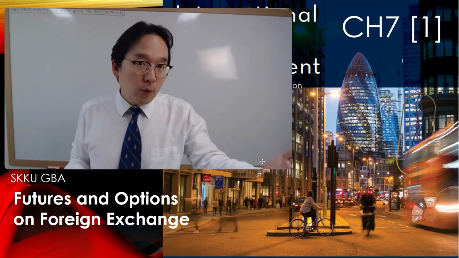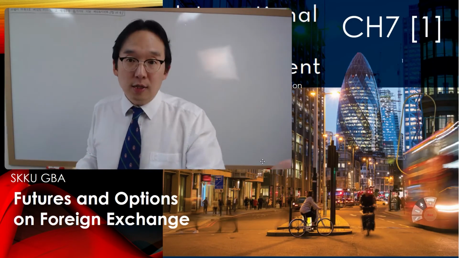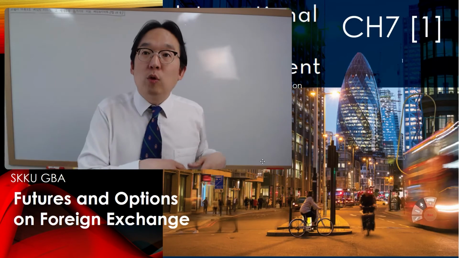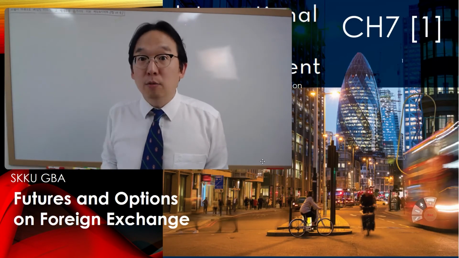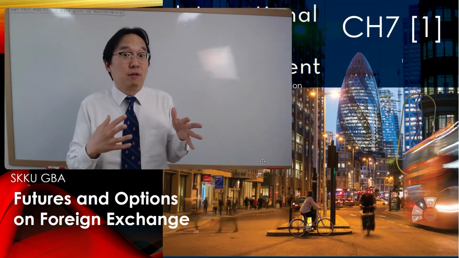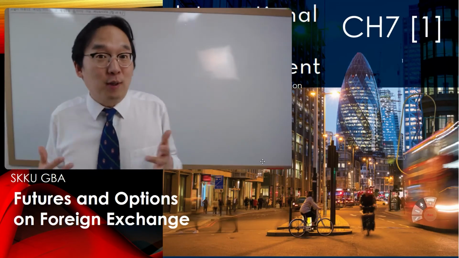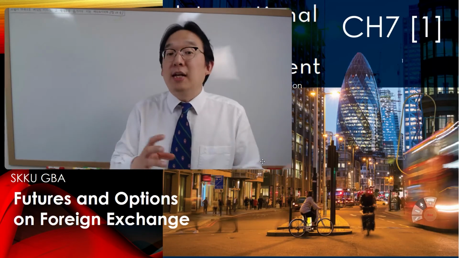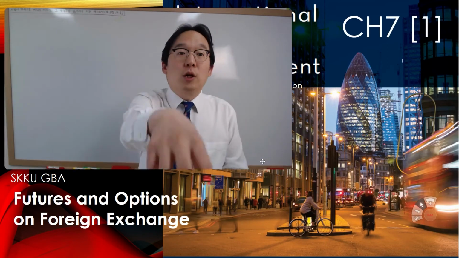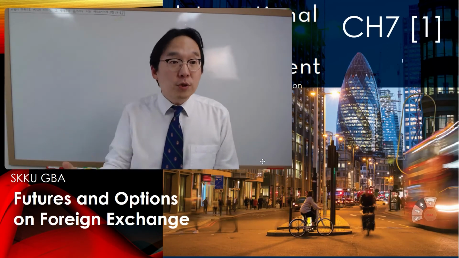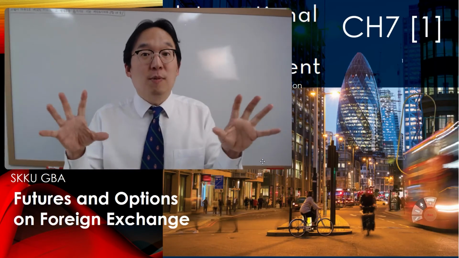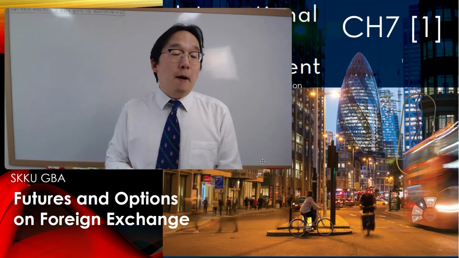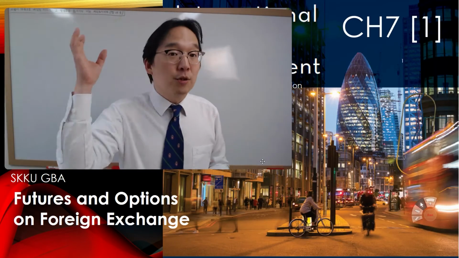Whereas a forward is not that standardized, so if you want to sell your contract to a third party, they will be like, hey, this is not what I meant to buy, or something like that, right? It is difficult to find anybody that can purchase your contract itself. Whereas with futures, it is easy to find. The market is much more liquid, so that's why options are much more based on the futures market.